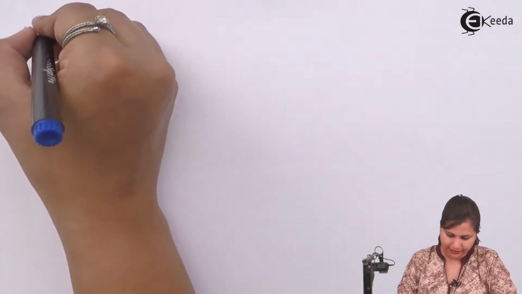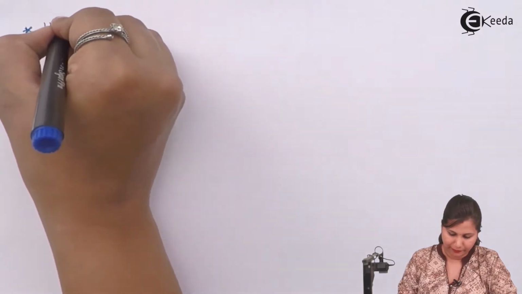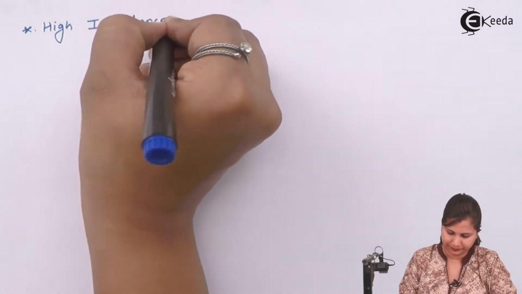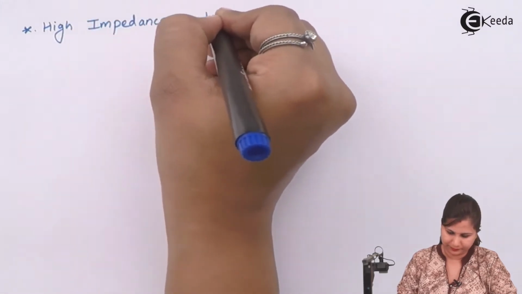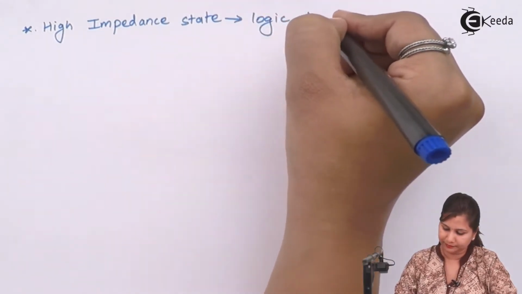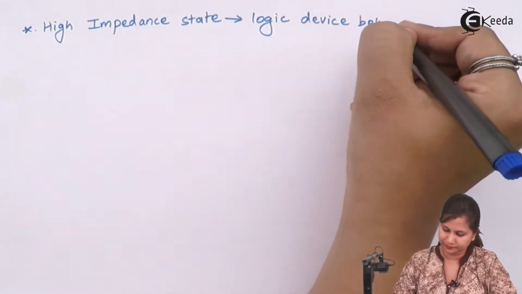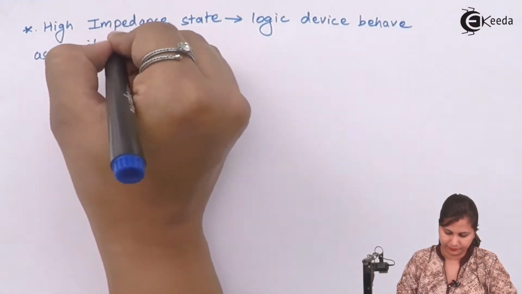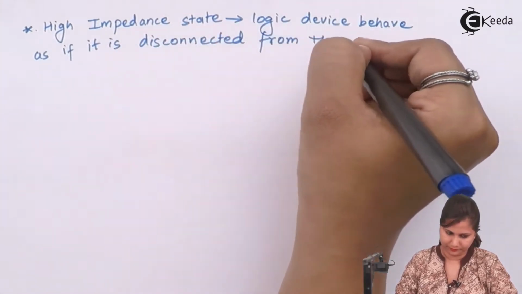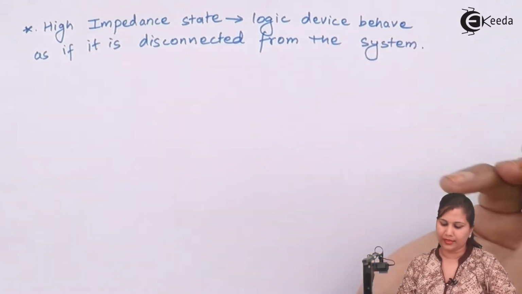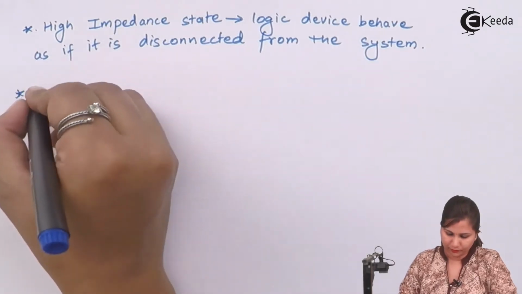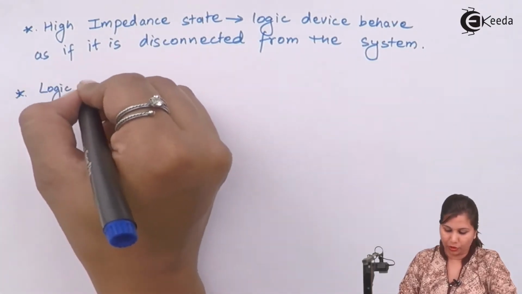So we can say that in the high impedance state, the logic device behaves as if it is disconnected from the system.